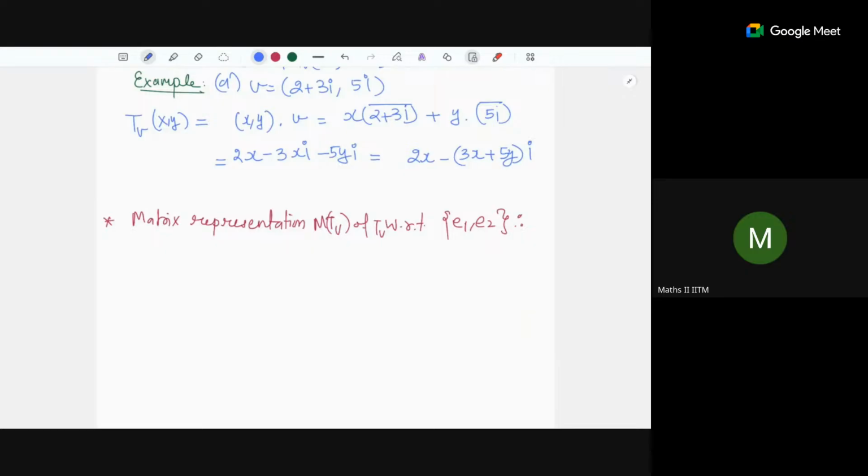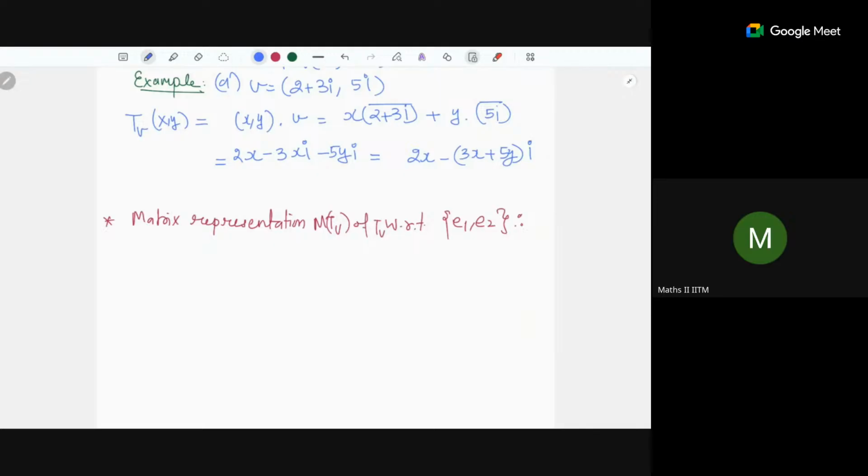So if I take a canonical, orthonormal basis e1, e2 for my vector space C^2.